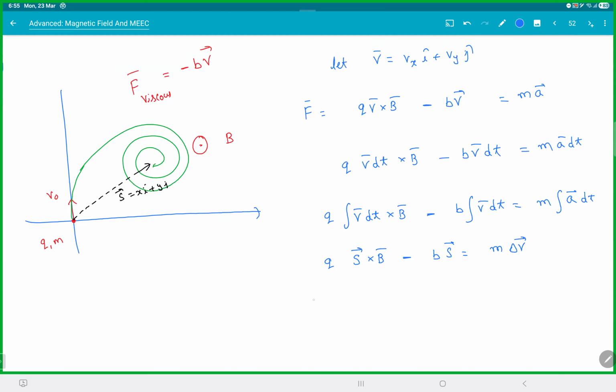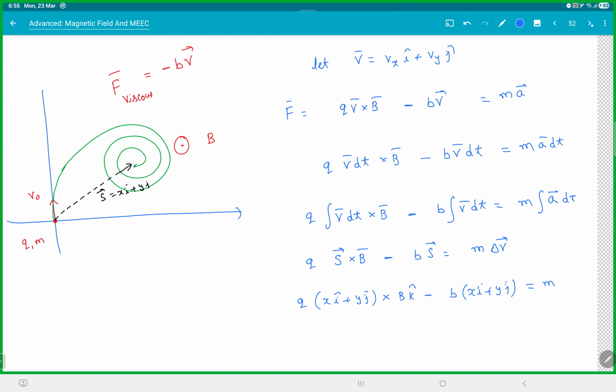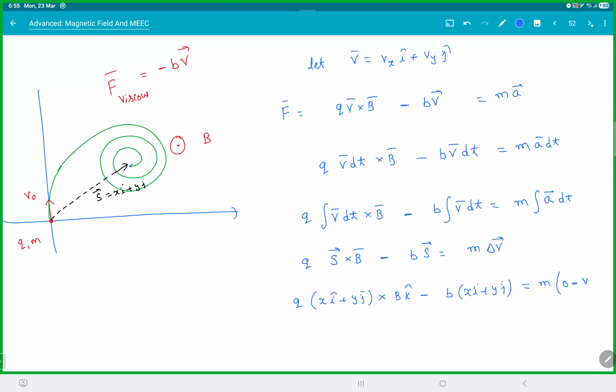And then this would be x i cap plus y j cap cross B bar, which is B k cap, minus b, S bar is again x i cap plus y j cap. And what is the velocity? Final velocity is 0. You come to rest. And your initial velocity is V naught j cap, so the change is 0 minus V naught j cap. Perfect.